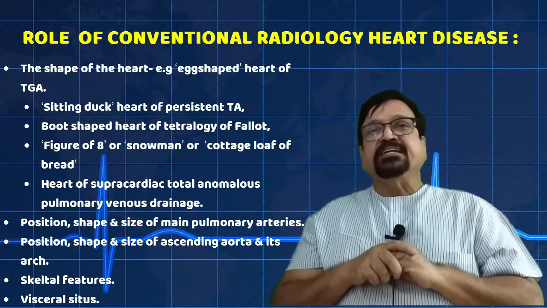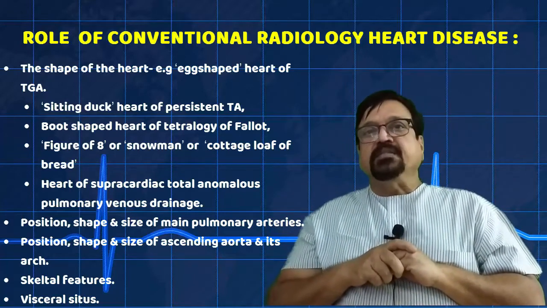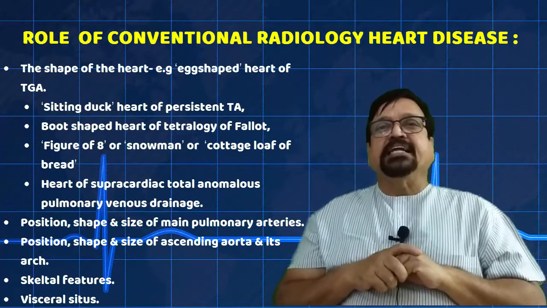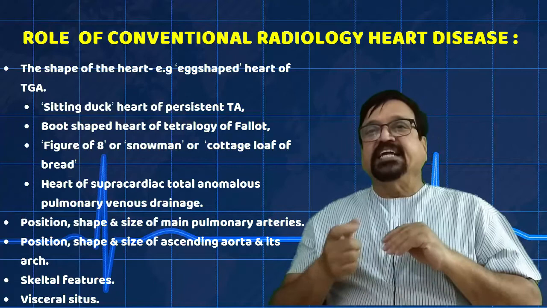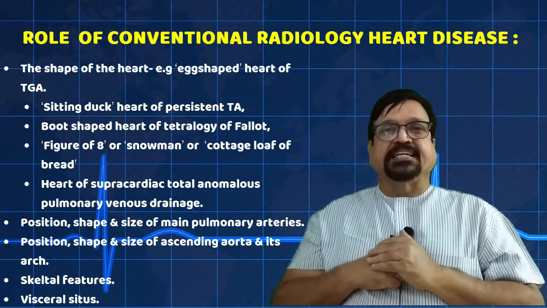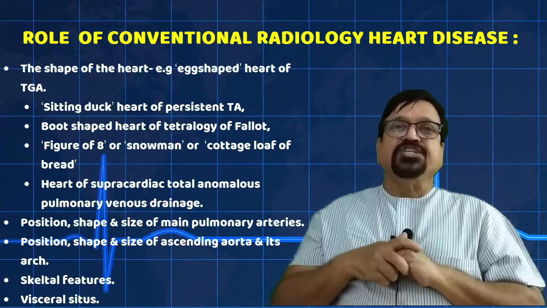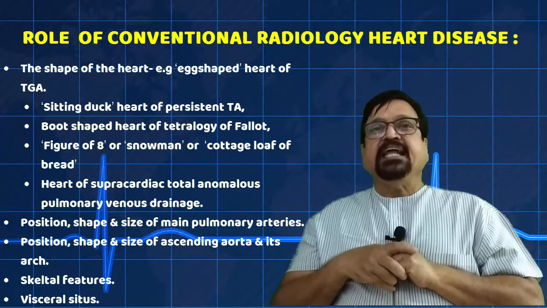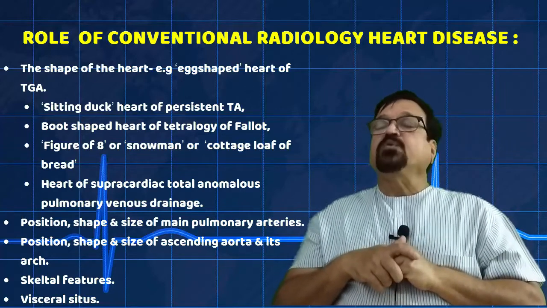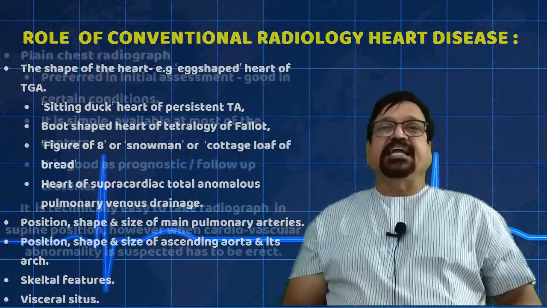Now in the supracardiac type, there can be total anomalous pulmonary venous drainage. Then there can be a position abnormality which can be picked up on X-ray. There can also be skeletal changes which we have to look for in addition to the cardiac changes.